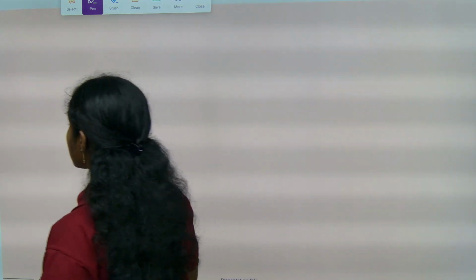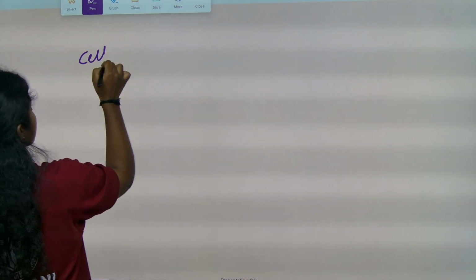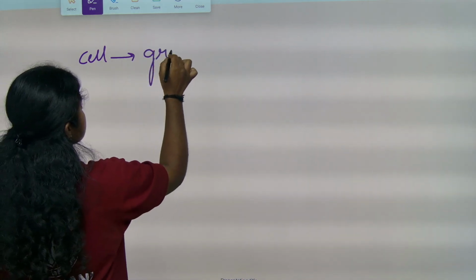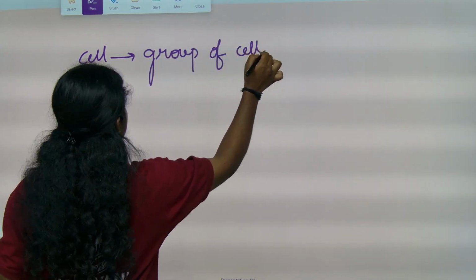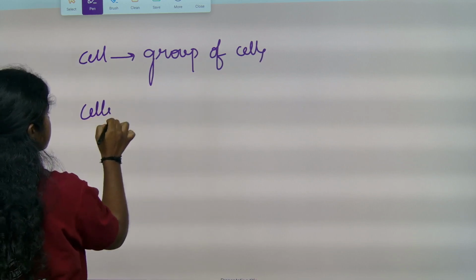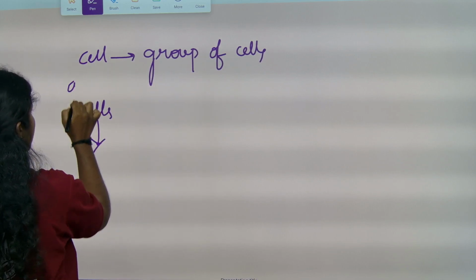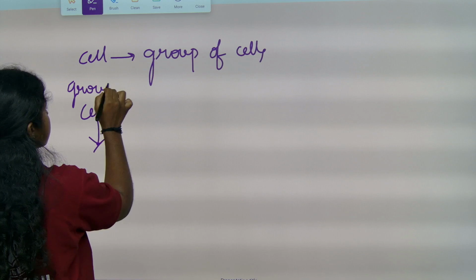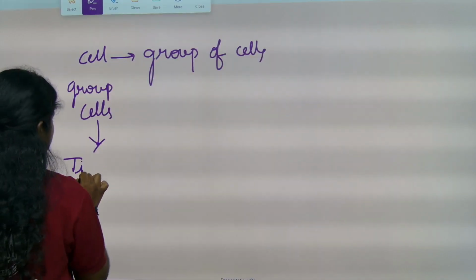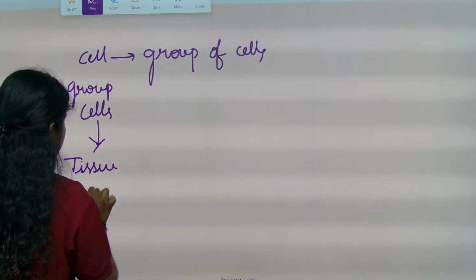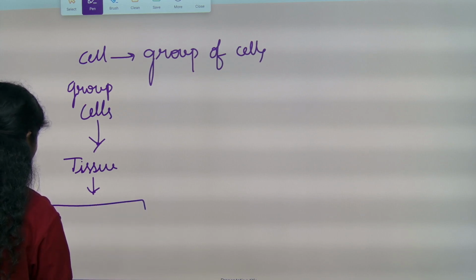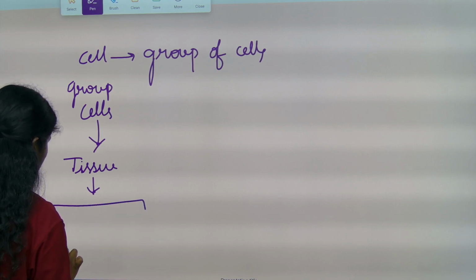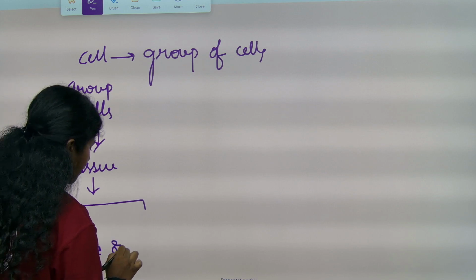So, let us see these, children. Tissues, what is meant by tissue? Tissue is a group of cells, because a group of cells makes the tissue. Groups of tissues make different kinds of tissues that lead to the formation of organs. Those organs will form the organ system.